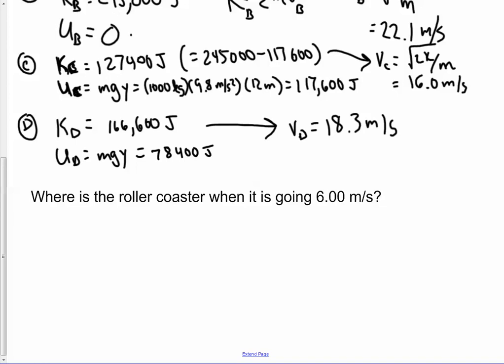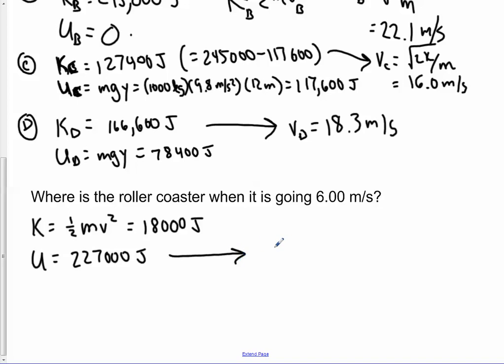In this question, we would know K. So we put in 6 meters per second for v, 1,000 for the mass, and we get a kinetic energy of 18 kilojoules. Therefore we can deduce that the potential, again, since we have to total 245,000, would be 227,000 joules.